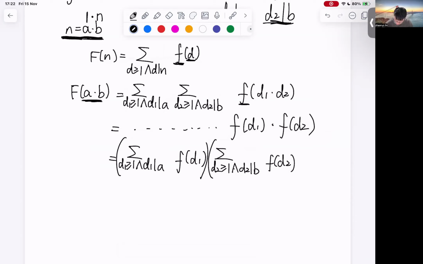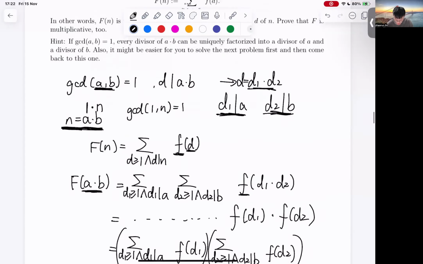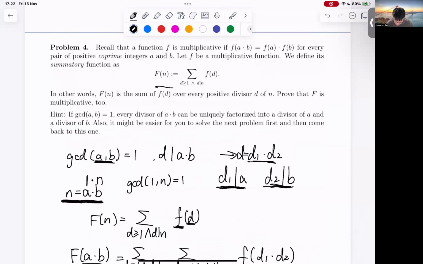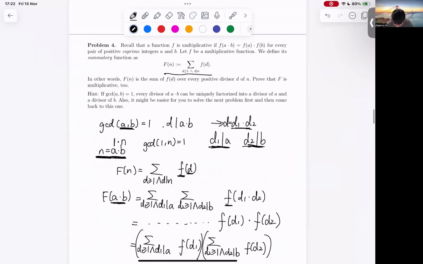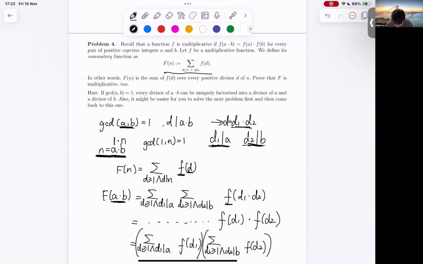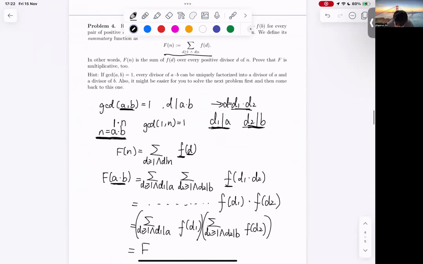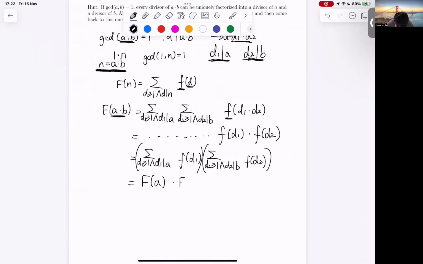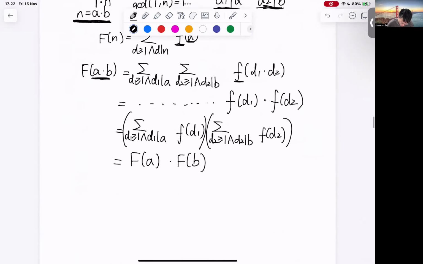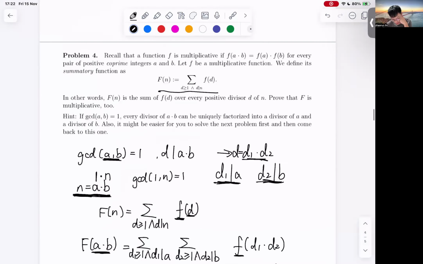And we see that these two are actually the definition of the summatory function here, right? So we set n equals to a, and then d equals to d1. We have big F of a times big F of b. So yeah, this actually proves that F(ab) equals F(a) times F(b), so F is multiplicative. So this proves this question.